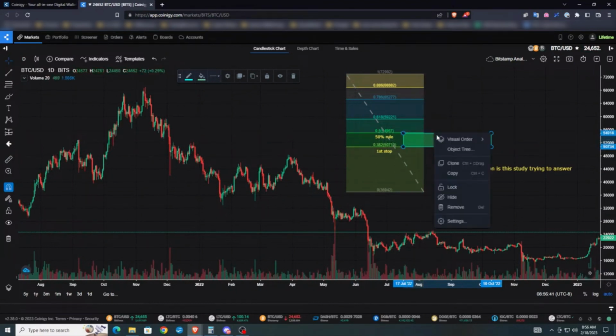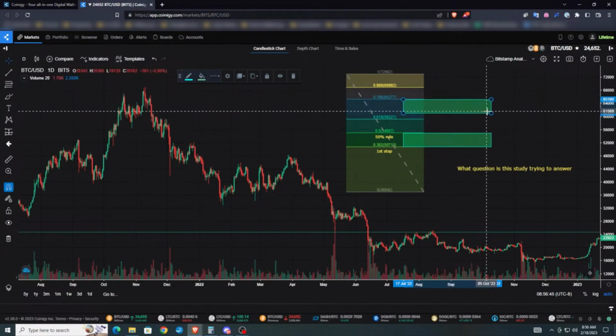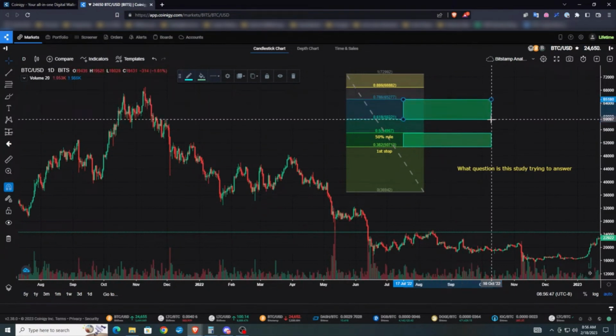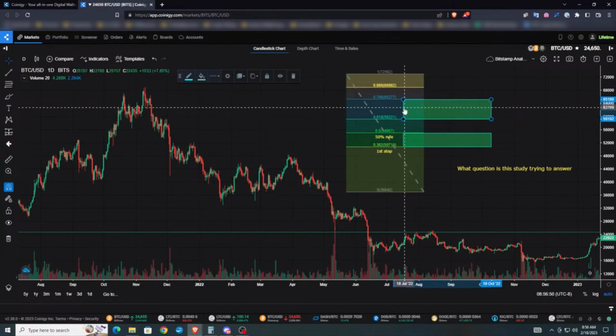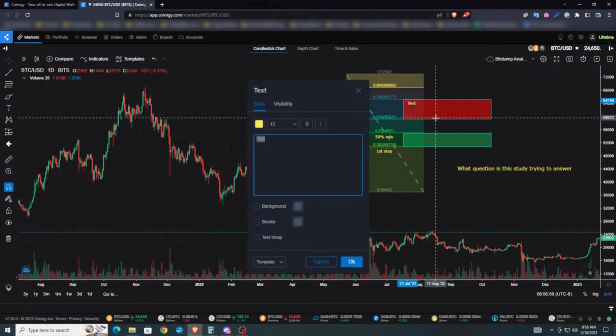The second area of interest for me is from the 78.6 to the 61.8 fib zone. And in this particular case, I like to call this the reload zone.